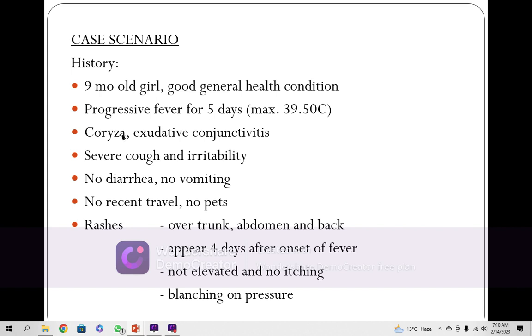It is associated with the coryza, running nose, exudative conjunctivitis, severe cough and irritability, no diarrhea, no vomiting, no recent travel, no pets, no past history of allergy. Rashes are over the trunk and abdomen, and it is turning into the black. Appeared 4 days after the onset of fever, not elevated and no itching. It is blanching on pressure.